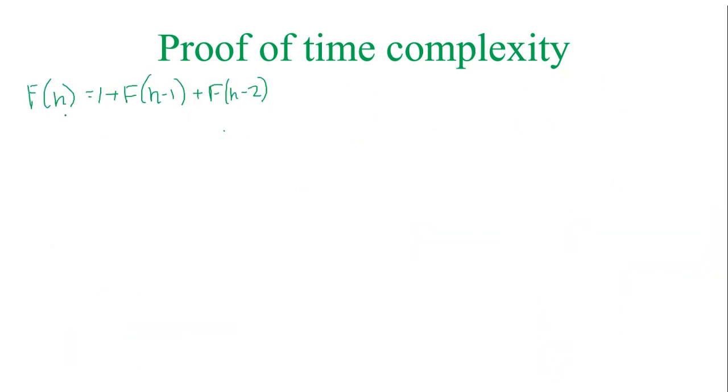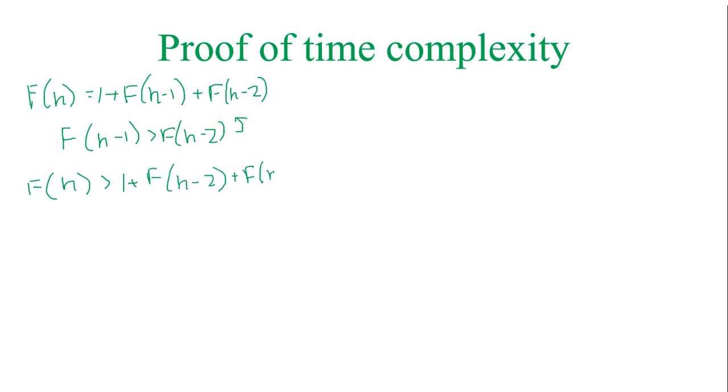Also I can say that f of h minus 1 is greater than f of h minus 2. So if I put this inequality in this equation, I will get f of h is greater than 1 plus f of h minus 2 plus f of h minus 2.